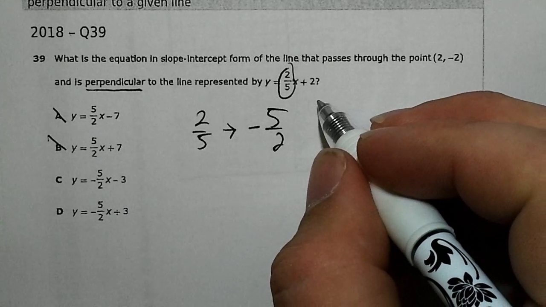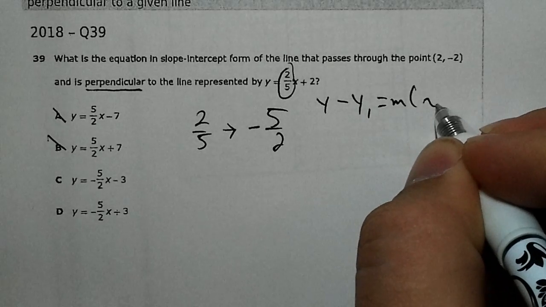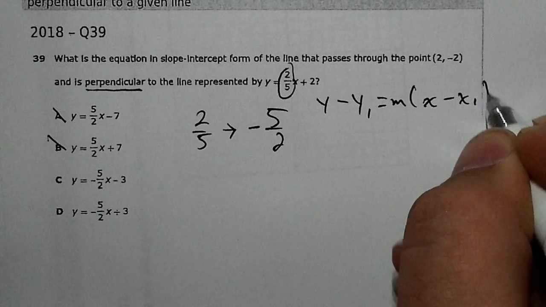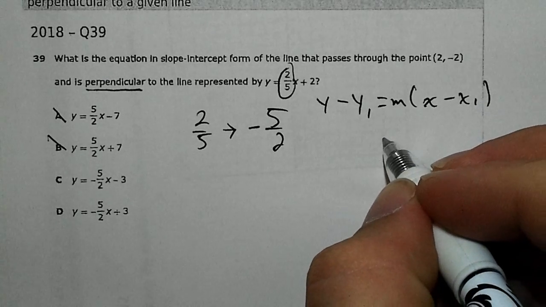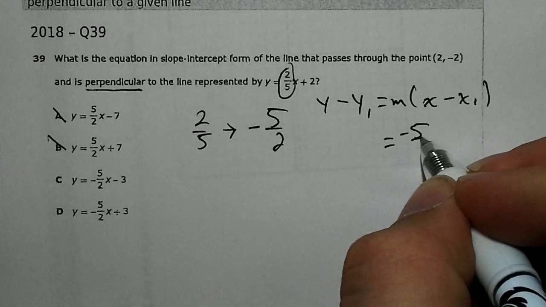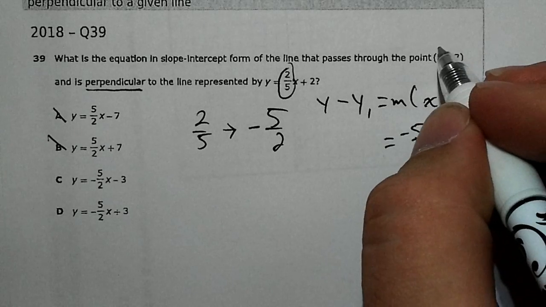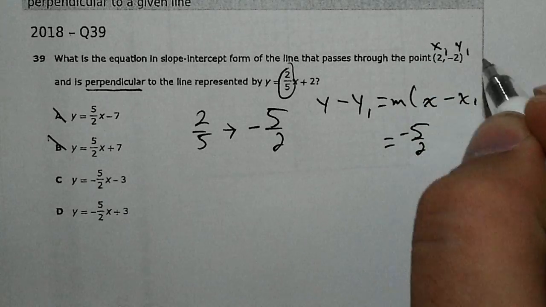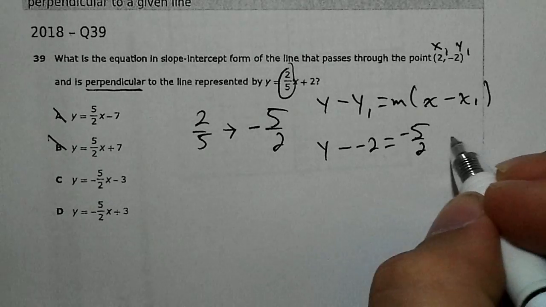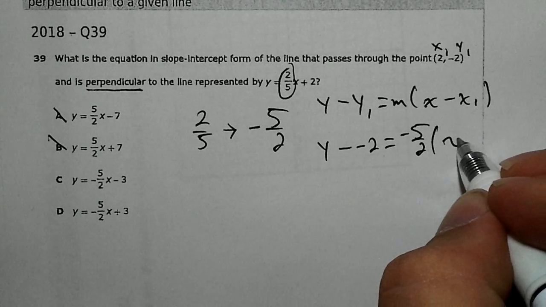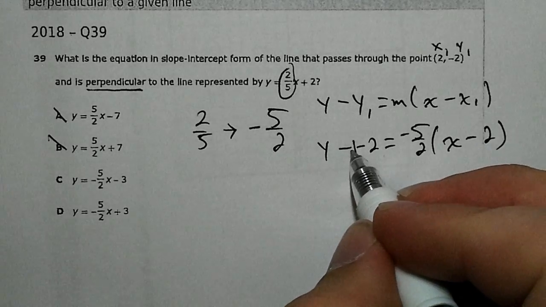Use your point-slope form: y minus y1 equals m times x minus x1. M is -5/2, and our x1 and y1 just come from this point. So y minus -2 equals -5/2 times x minus 2. When you have a negative next to a minus sign, change it to plus.